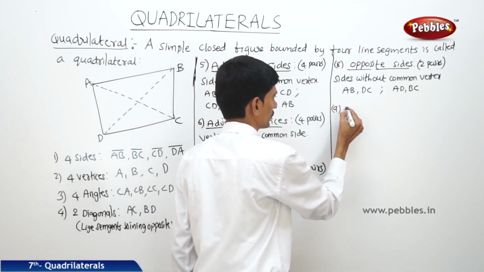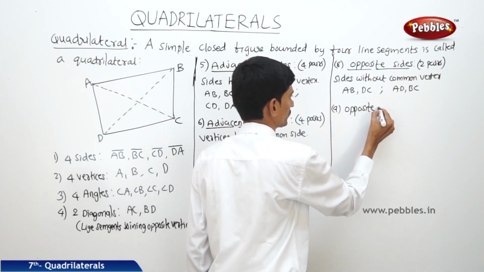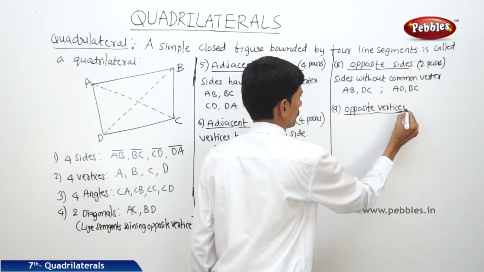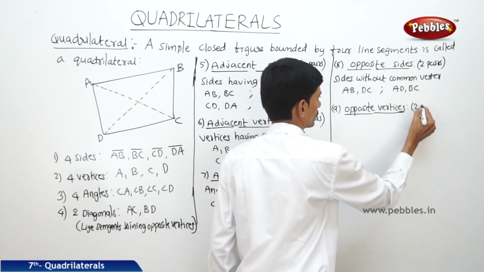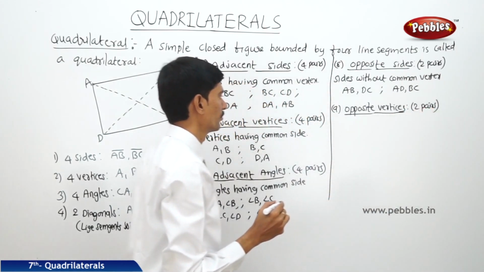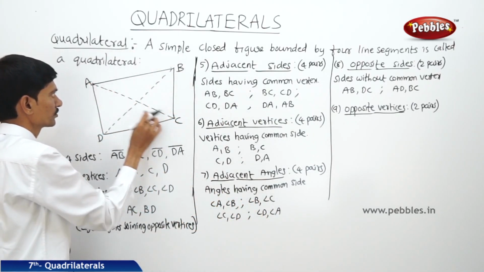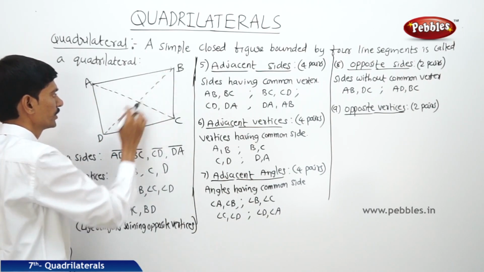Next, opposite vertices. These are also two pairs. The vertices without a common side: A, C do not have any common side, and B, D also.